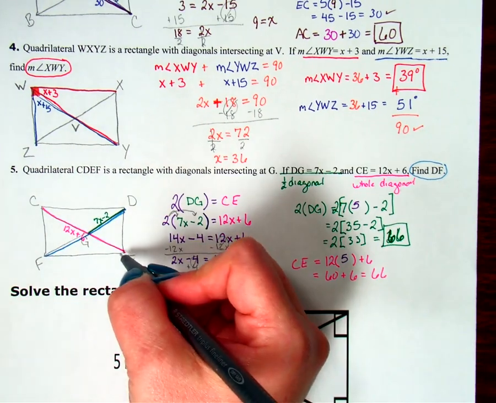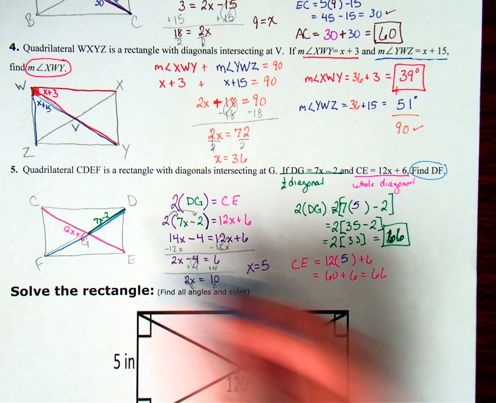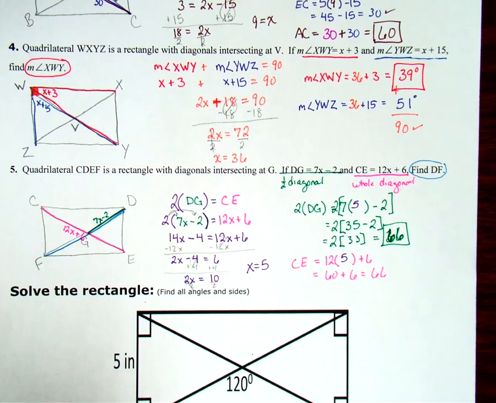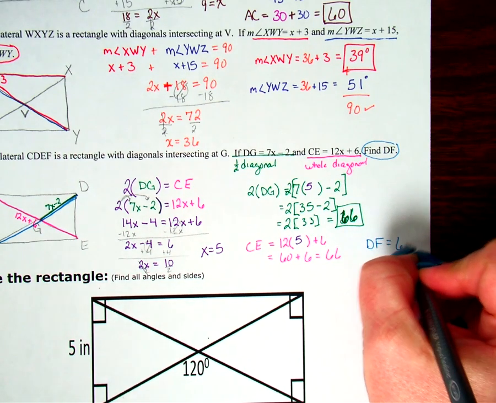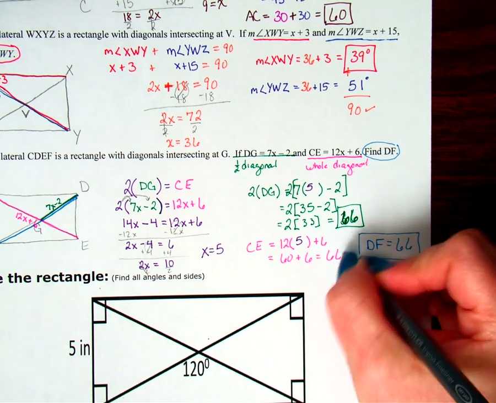So my pink diagonal is 66. Half of my blue diagonal, the green, was 33. So when I double it, it is 66. So I do know that that whole blue diagonal, DF, is 66 units. And I could do it either one of these two ways.